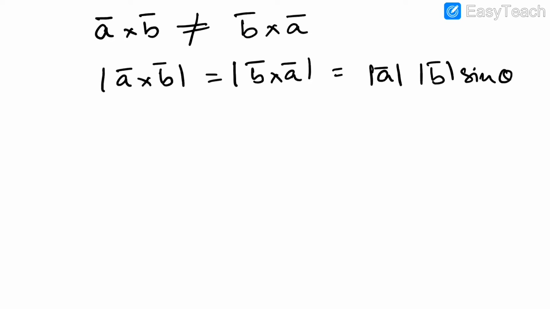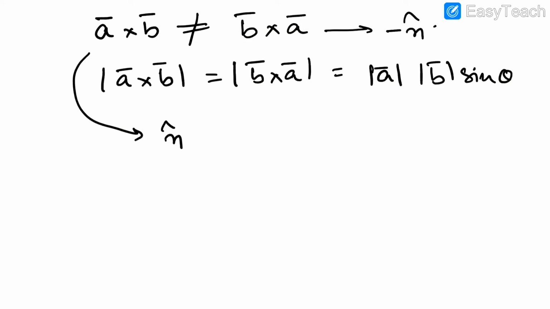The only difference is in the direction. The direction of A cross B, if this directs along n cap, its direction will be minus n cap, right? So A cross B is not the same as B cross A.